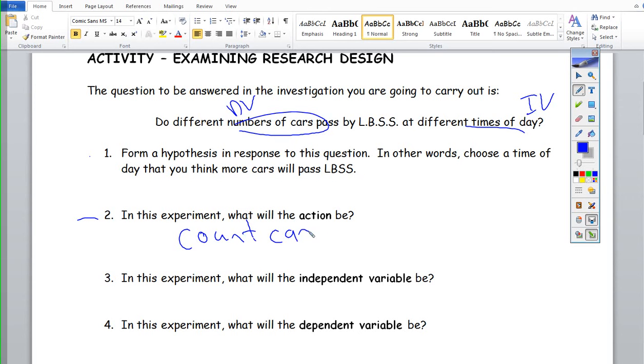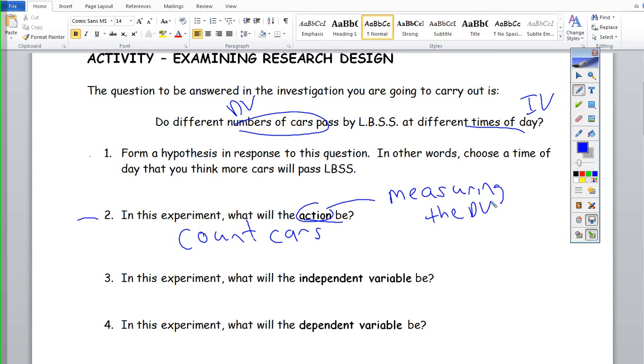All right, we're going to get data. So think about it. An action is, again, usually some way of measuring the DV. Okay? So that's your action.